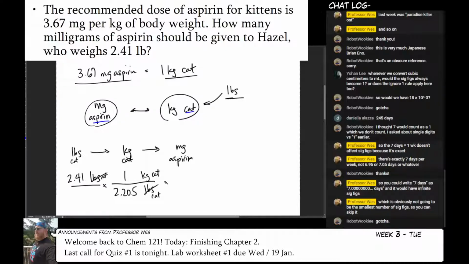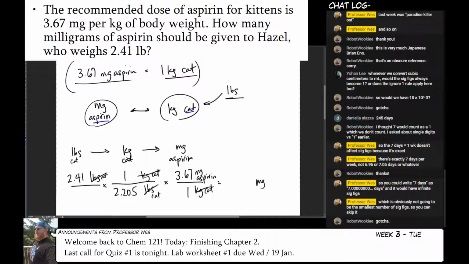And then what's the dosage information for this? Kilograms of cat, milligrams of aspirin. We're going to cancel the cat. Oh no. And according to this, for every 1 kilogram of cat we have, which is this up here, we would administer 3.67 milligrams of aspirin.